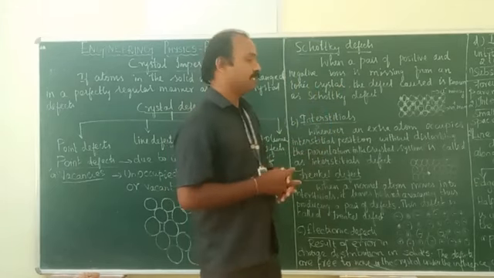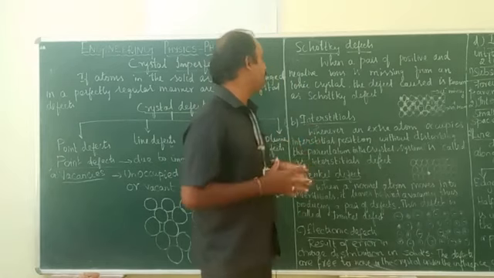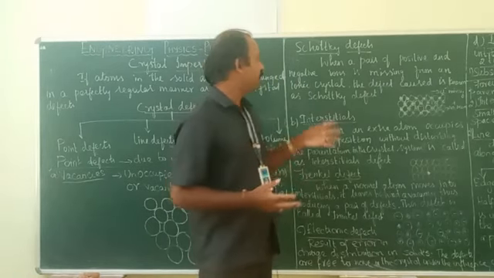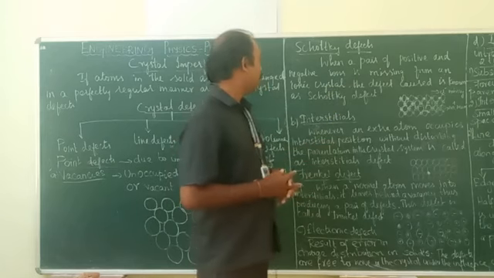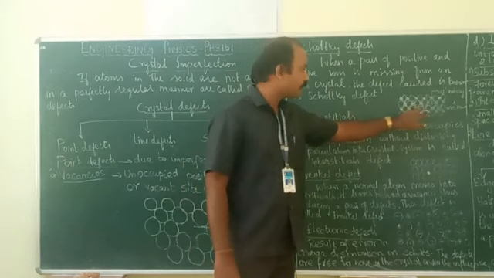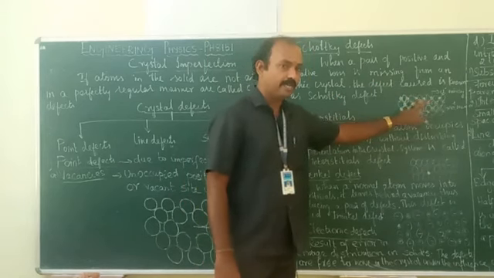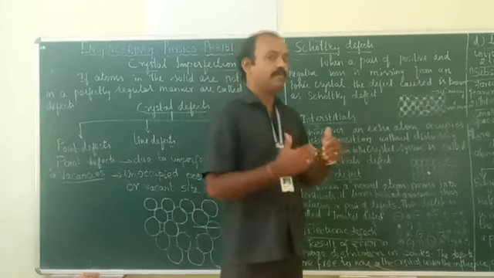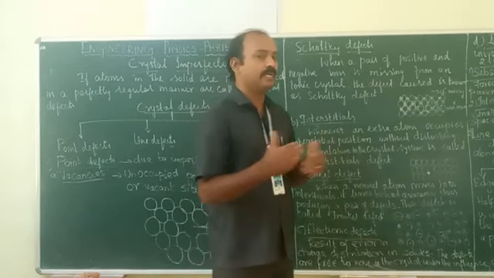When a pair of positive and negative ions is missing from an ionic crystal like the sodium chloride arrangement, the defect caused is known as the Schottky defect. Here the positive and negative ions are regularly arranged like a sodium chloride crystal, where sodium and chlorine act as the positive and negative ions.